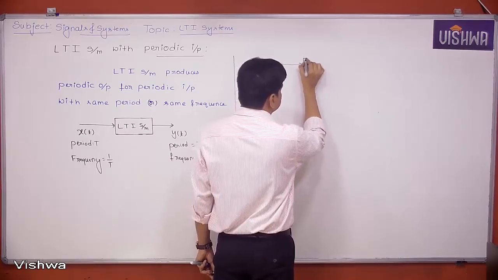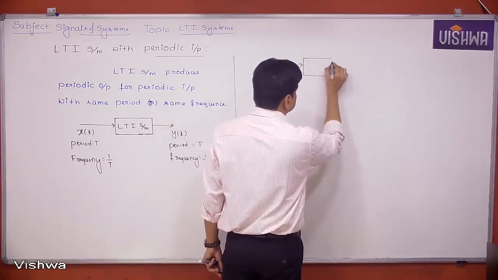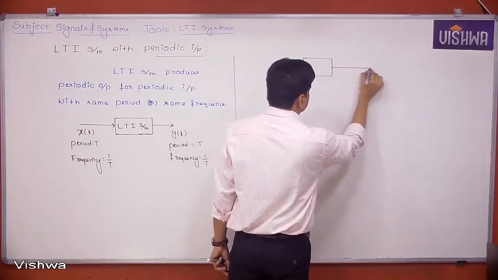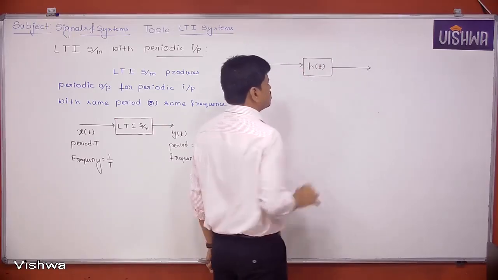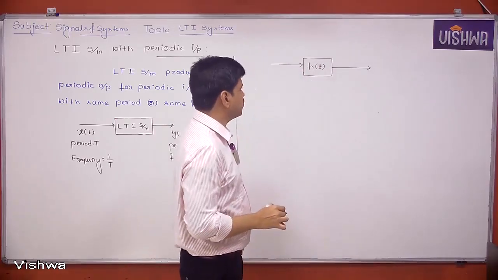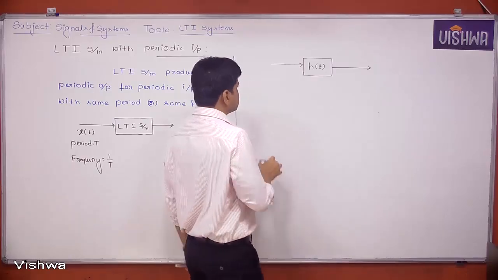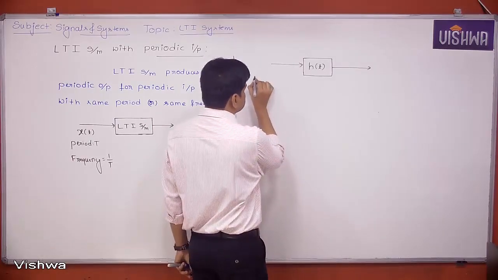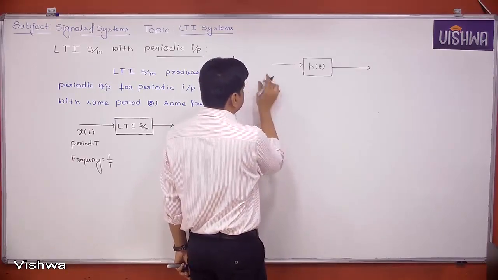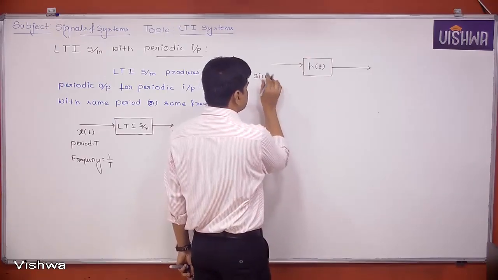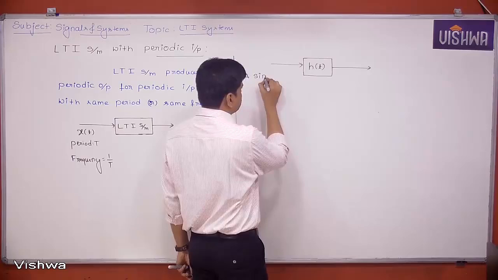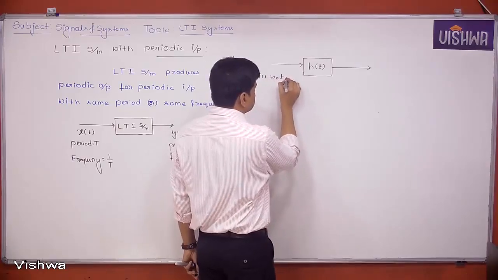An LTI system is usually shown like h of t. LTI systems are represented with h of t. For this system, let's say the input is sine of omega naught t plus theta.